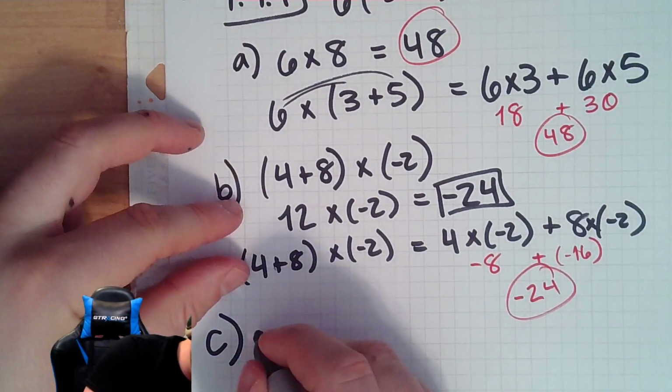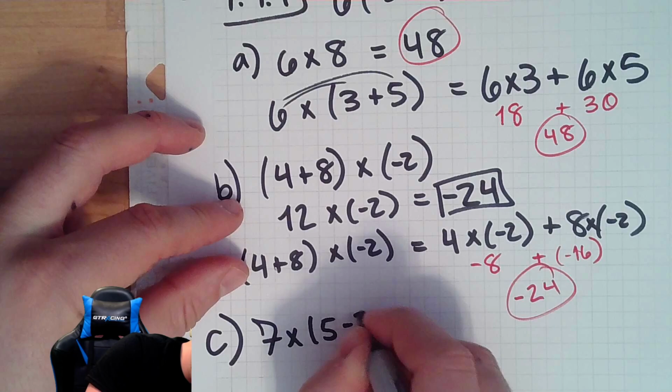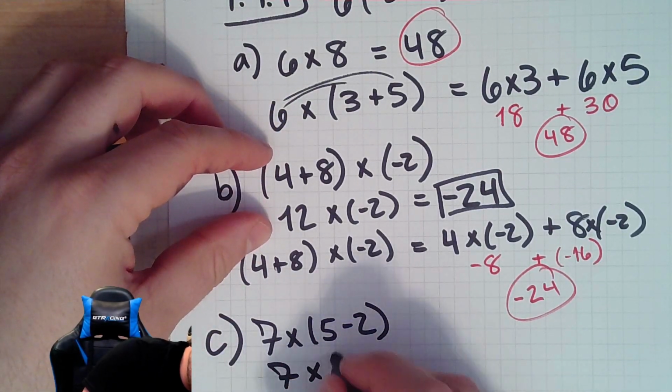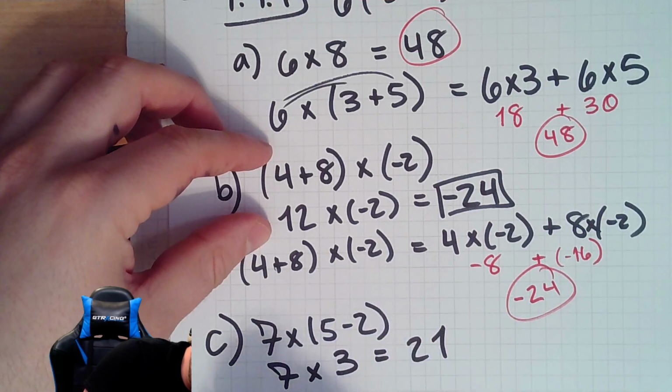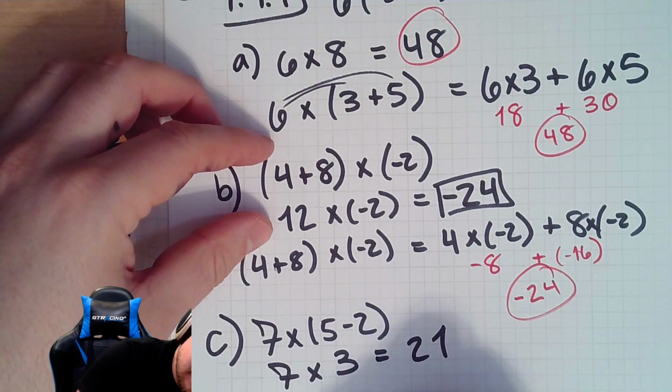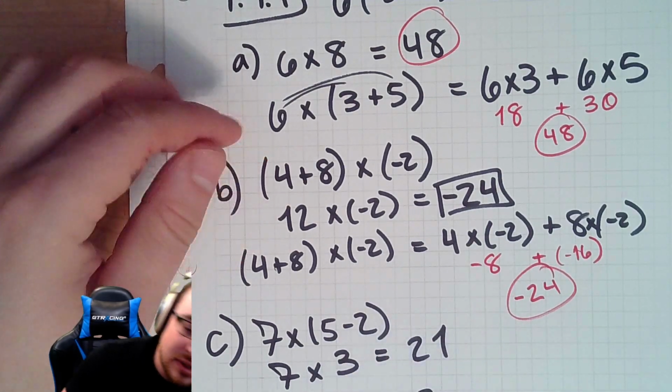Part C, we've got 7 times 5 minus 2, which means we can think of this as 7 times 3, which is 21. Or we can think of it as 7 5's minus, because there's a minus sign here, 7 2's.